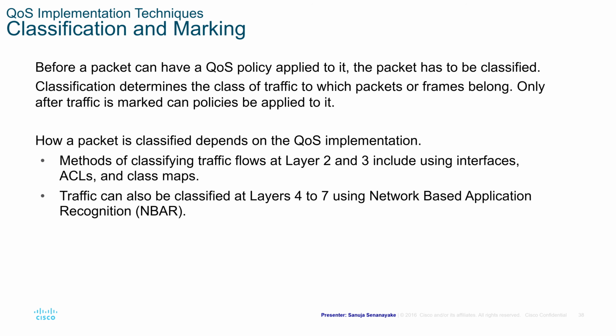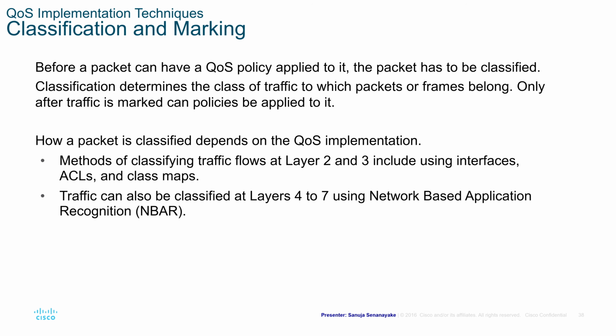How a packet is classified depends on the QoS implementation. The methods of classifying traffic flows at layer 2 and layer 3 include using interfaces, ACLs, and class maps. So we can use specific interfaces, ACLs, which we covered in our previous module, and class maps, which I will go into detail on later.